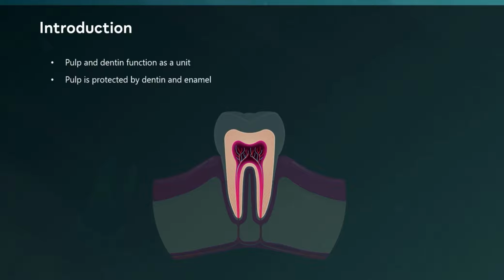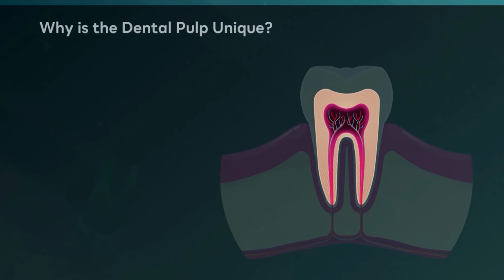Again, an example of this would be a genetic mutation affecting the odontoblasts that are found in the pulp, leading to disorders like dentinogenesis imperfecta. Needless to say, the pulp is the lifeline of the tooth. So let's take a closer look into what makes it so unique.